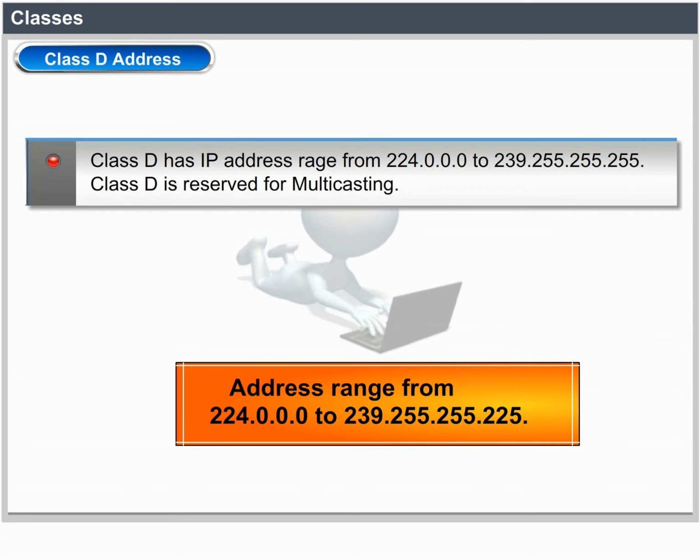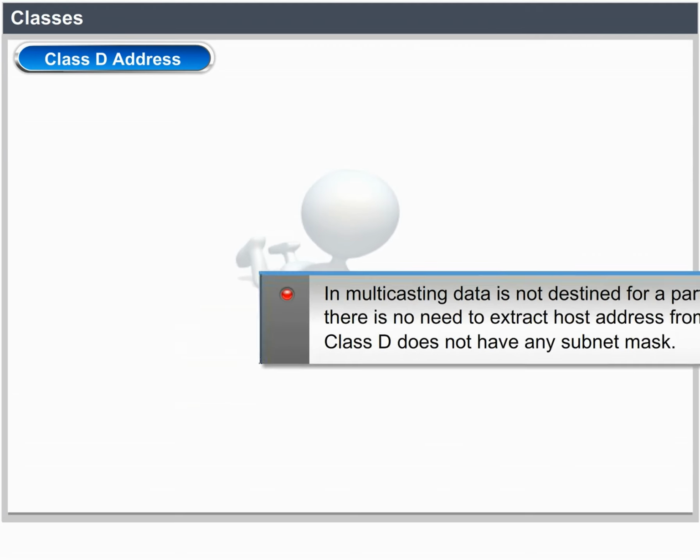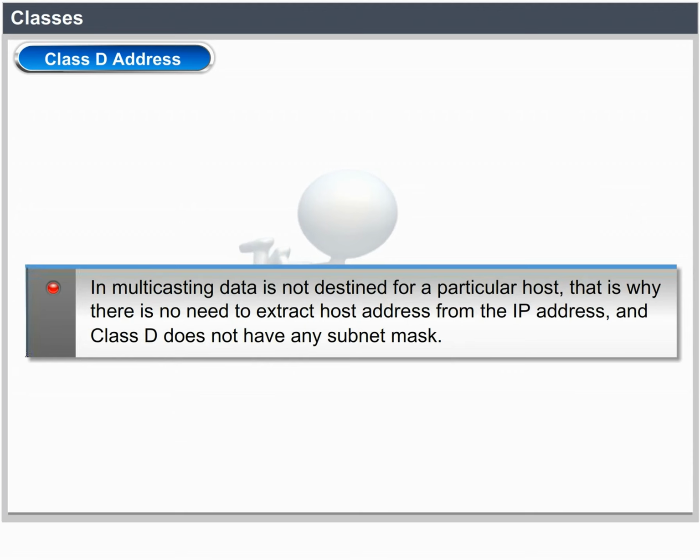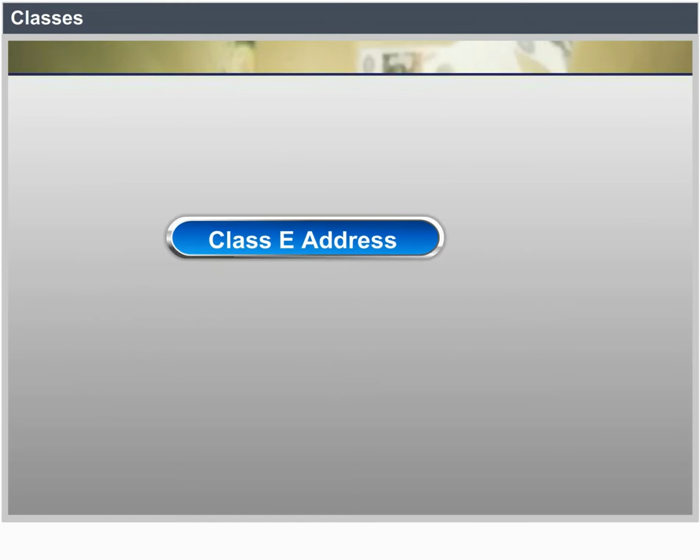Class D is reserved for multicasting. In multicasting, data is not destined for a particular host. That is why there is no need to extract the host address from the IP address, and Class D does not have any subnet mask.